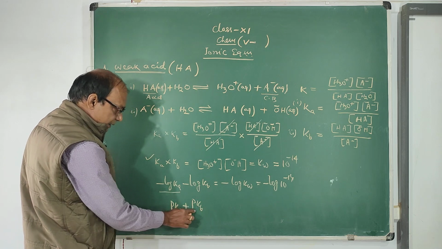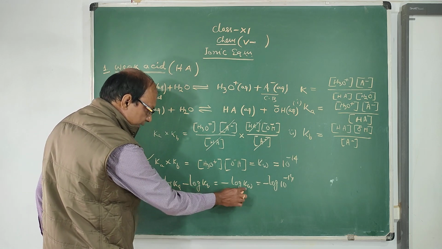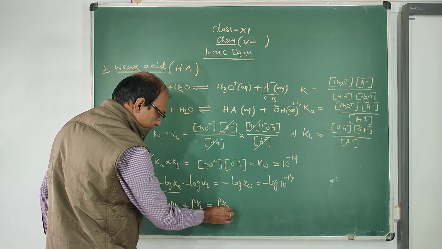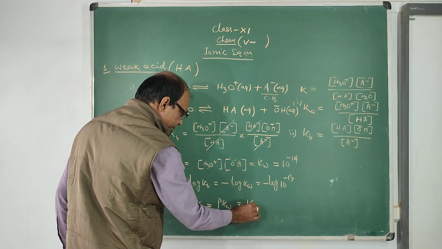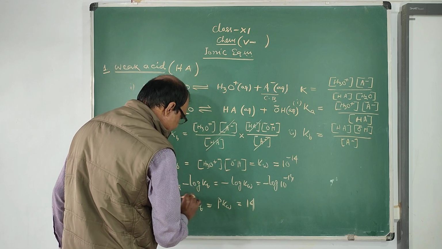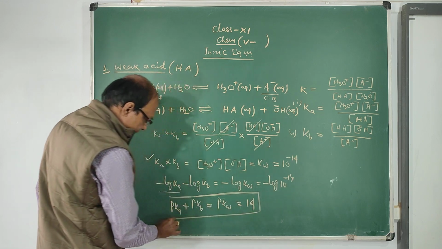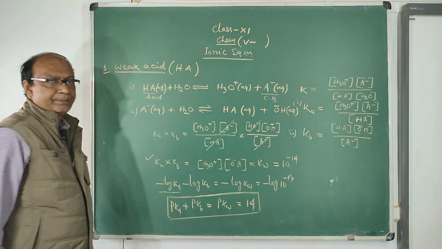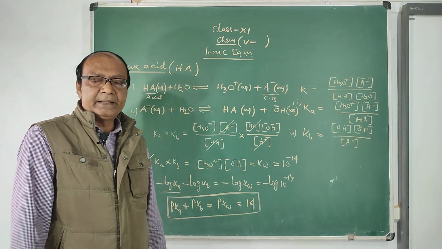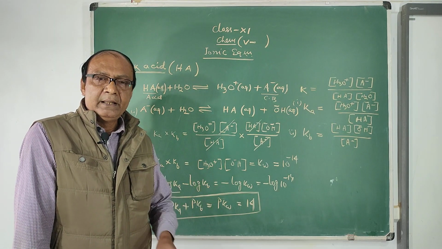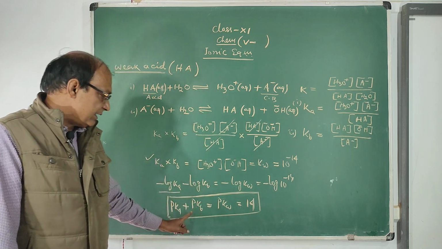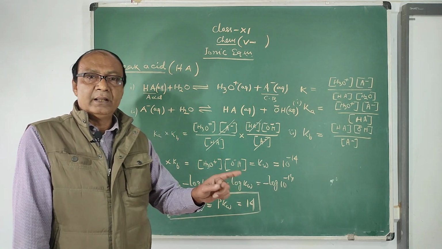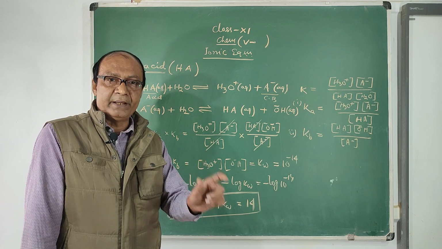So pKa plus pKb, this term stands for pKw, and this is equal to 14. Therefore, this is the relation we ultimately get for a conjugate acid-base pair. pKa plus pKb equals 14. pKa plus pKb equals pKw. This relation is valid only for a conjugate acid-base pair.